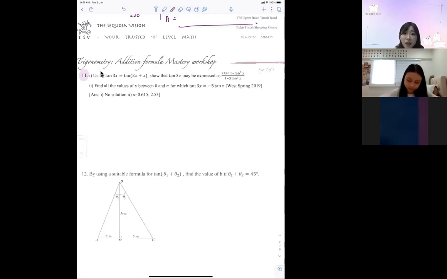Same thing. In this case, it's easy because everything is just in terms of tangent. So once you use addition formula, everything is in terms of tangent. Okay.